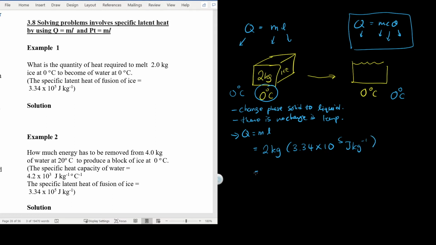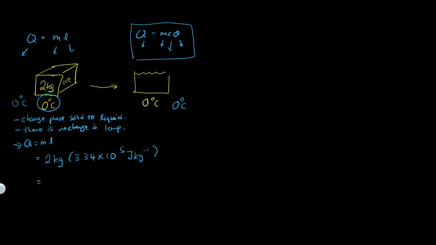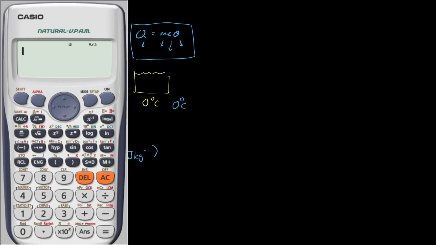And then use your calculator. Let me get my calculator. Okay, so let's calculate: 2 kilograms times 3.34 times 10 to the power of 5.